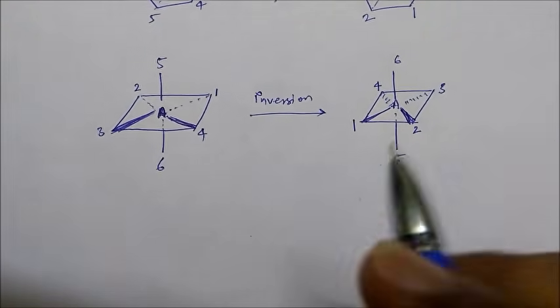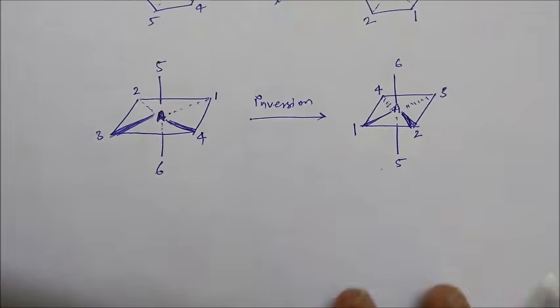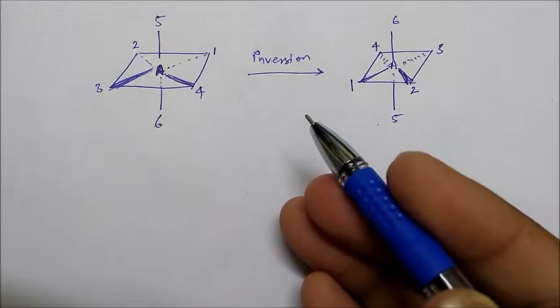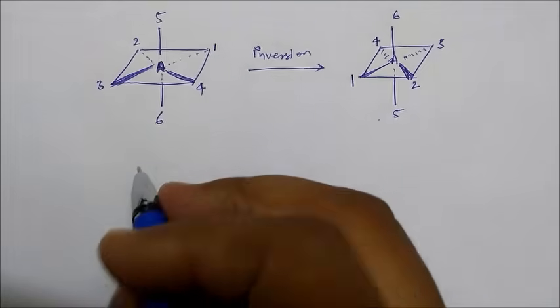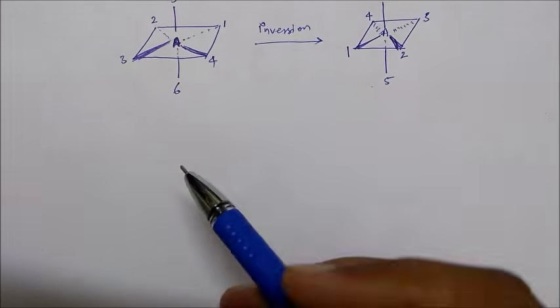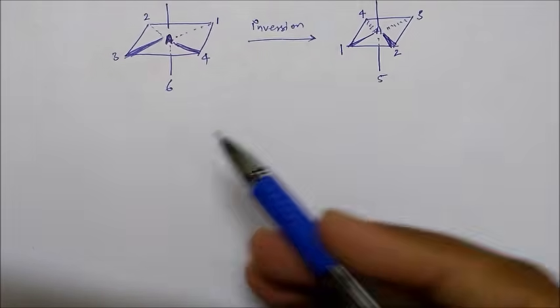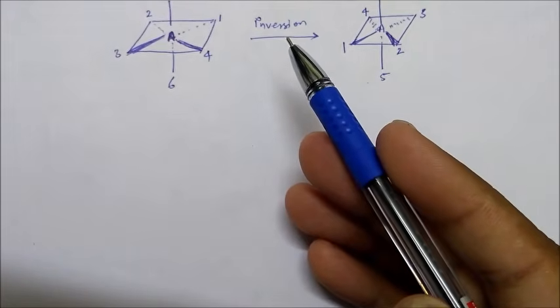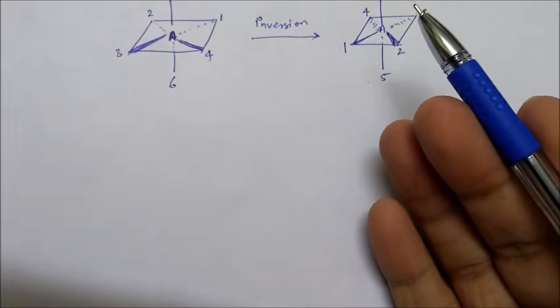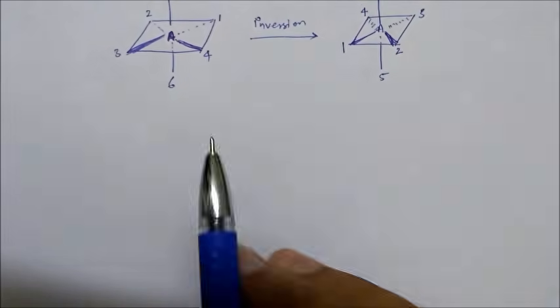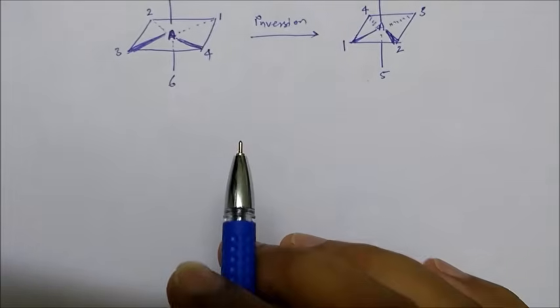So inversion is performed, but how will you find whether inversion is there or not? For that, a center of symmetry should be there. The basic requirement for the inversion symmetry operation to be performed is the presence of a center of symmetry.